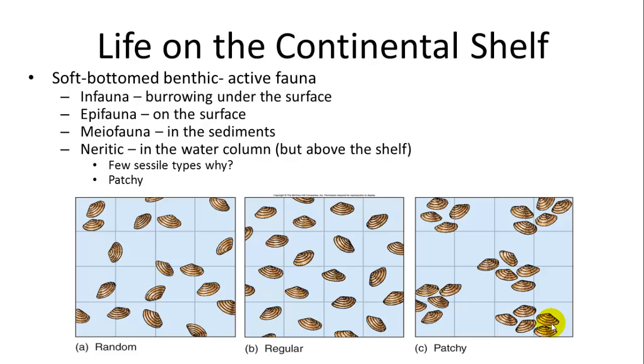There aren't very many sessile types, those that are attached to the substrate, because there isn't a lot of substrate to attach to because it's sandy, right, and it shifts. The resource abundance is also very patchy. Okay, so you find groups of organisms kind of patched together in areas as those nutrients become available, as opposed to being regularly spaced or randomly spaced.